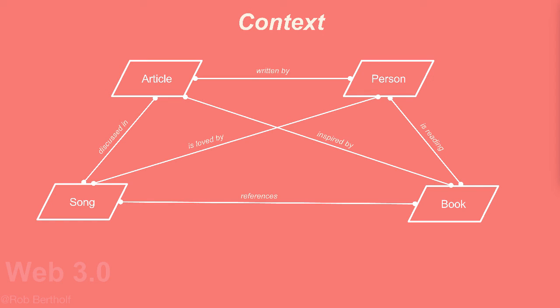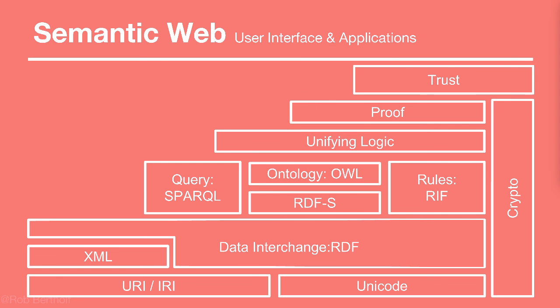Same entities, but now an article is written by a person who's reading a book that's inspired by another article that's discussed in a song that references a book or is loved by another person. So now relationships start forming, and context is being applied using schema and other ways to add more context. This is a great example of the semantic web and the layers in it, and I have another video that dives into this a little deeper.